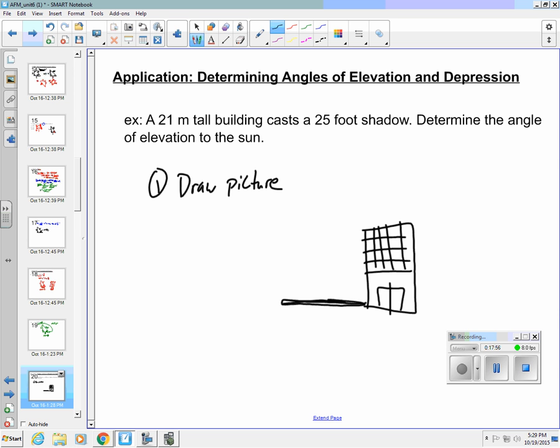Right, we know the building's 21 meters tall, and the shadow is 25 meters long. And we're going to determine the angle of elevation to the sun. So the sun would be up here, right, and be forming a shadow. So we have our right triangle right here.